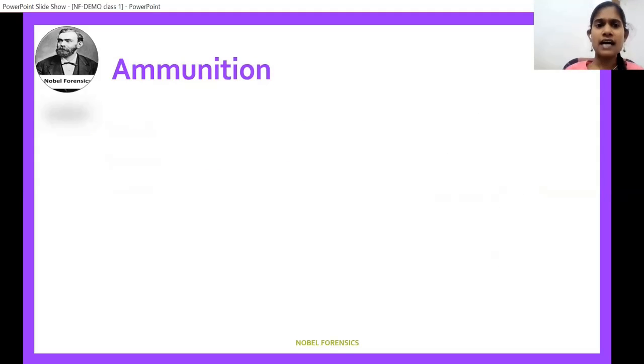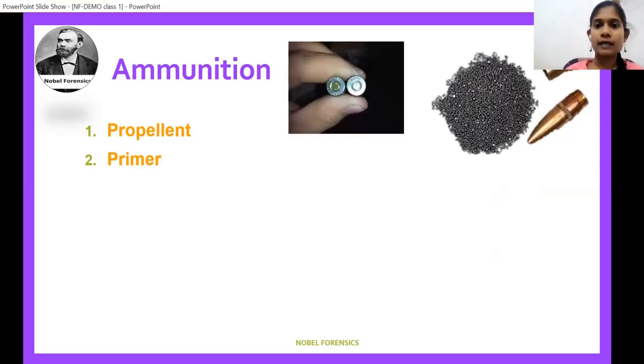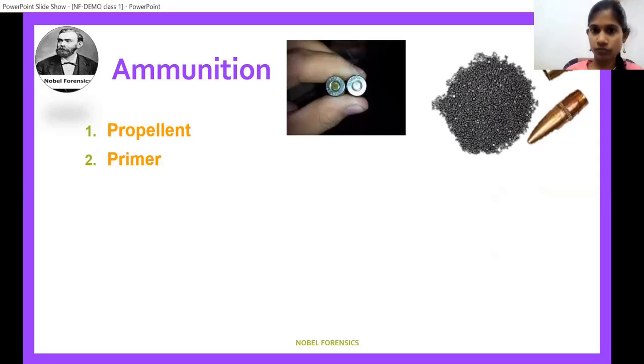Then ammunition. Ammunition includes propellant. Propellant means gunpowder, black powder, any type of gunpowder. Then primer. Primer is the back side of the cartridge case, and I'll explain about the cartridge case. Then projectile. You know that there are two types of firearms, rifles and shotguns.